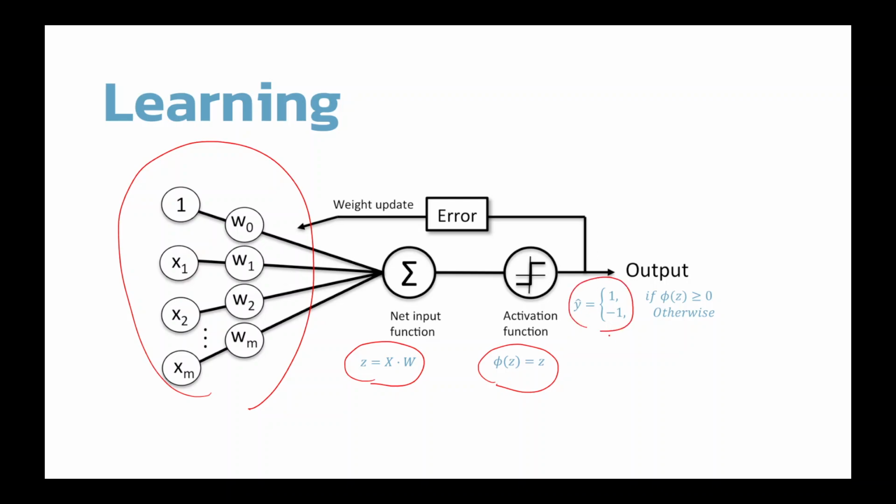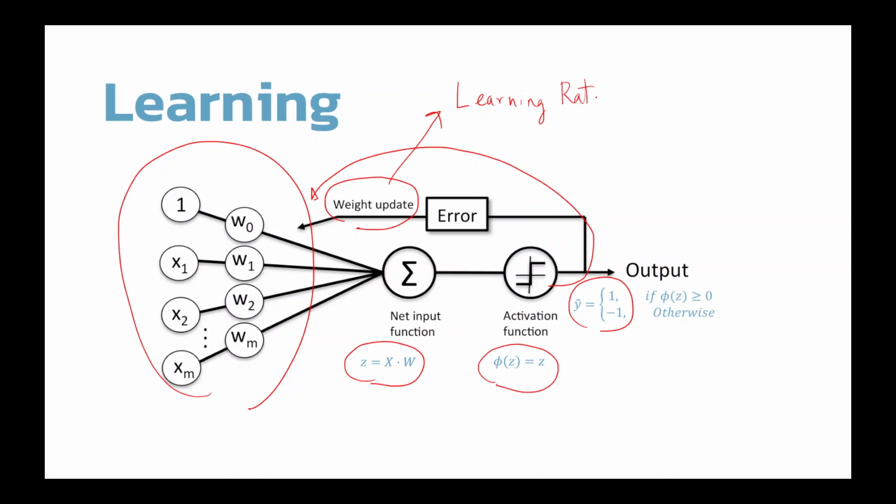That's the prediction part. But for the learning part, it's looping the result back into the weight update. And when you do this weight update, there's also another parameter that is quite important. It's called the learning rate.